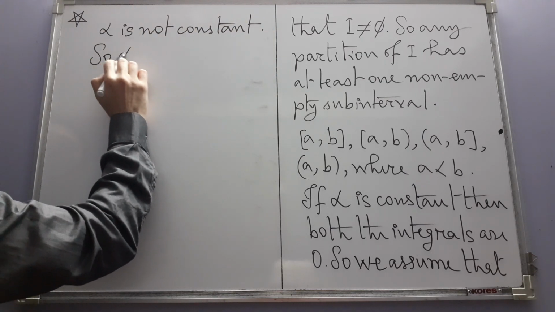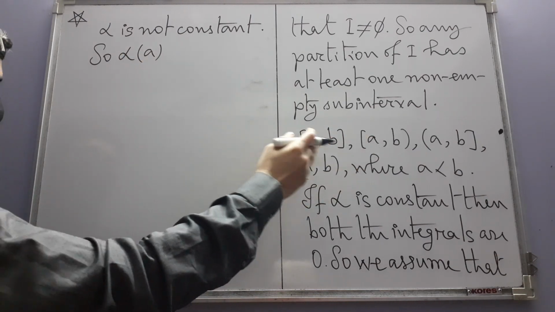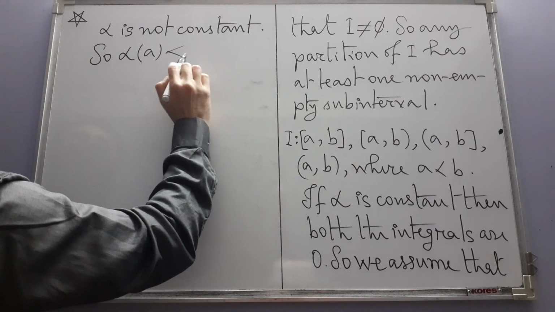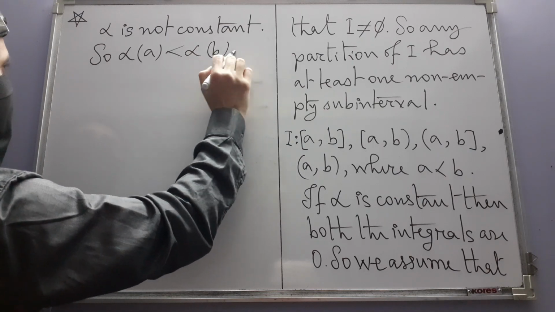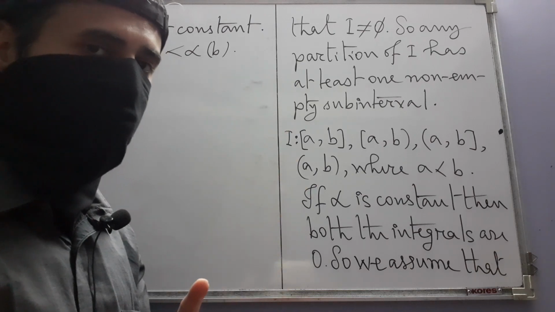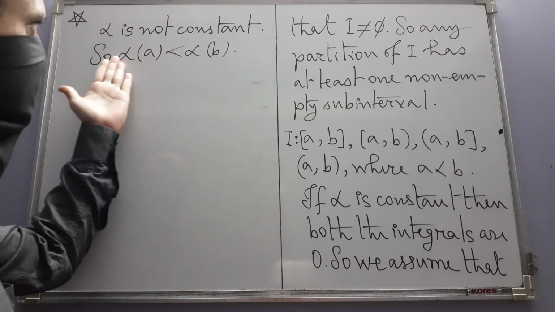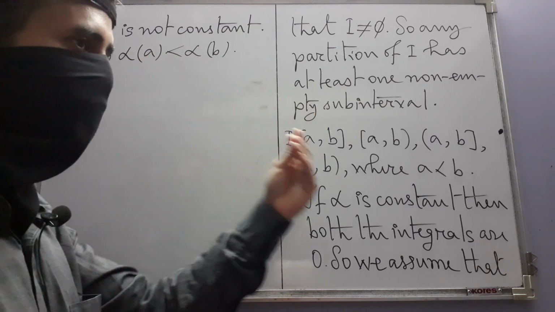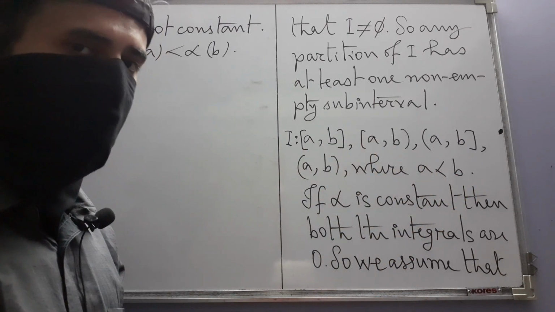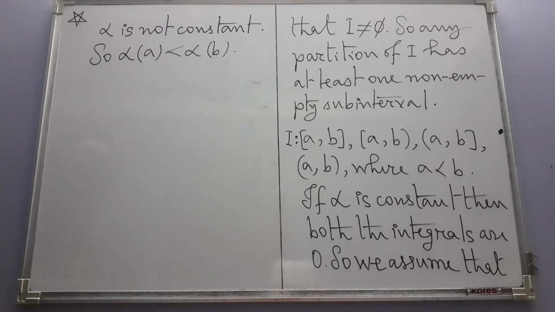So alpha of A and B, where A and B are such that I is one of these, alpha A needs to be less than alpha of B. Alpha of A is already less than or equal to alpha of B due to the increasing nature of alpha. But if they are equal, then obviously all the other alpha values which are forced to lie between them will also be equal, making alpha constant. So that is why we need to have this strict inequality.